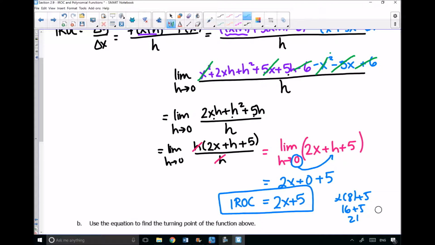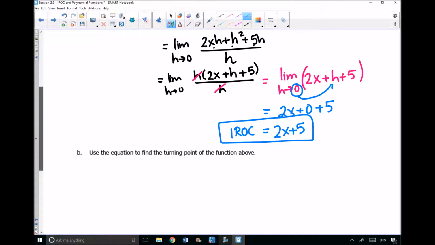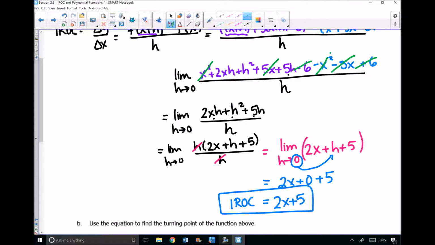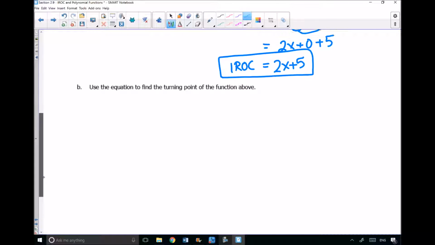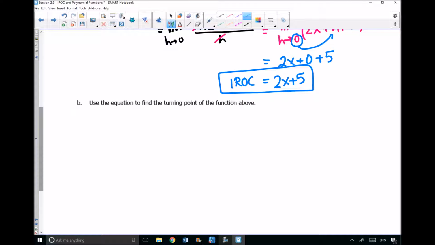Okay? So now that I figured out what my instantaneous rate of change is going to be for any value of x, I'm going to use the equation to find the turning point of the function above. Well, if I want the turning point, I figured out earlier that my instantaneous rate of change has to be equal to 0.